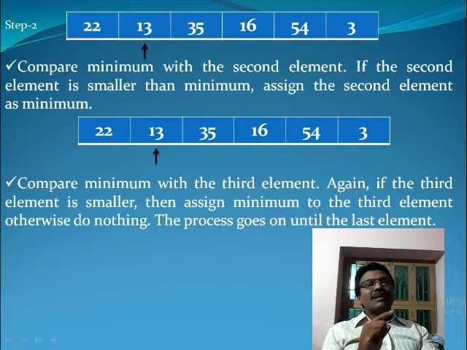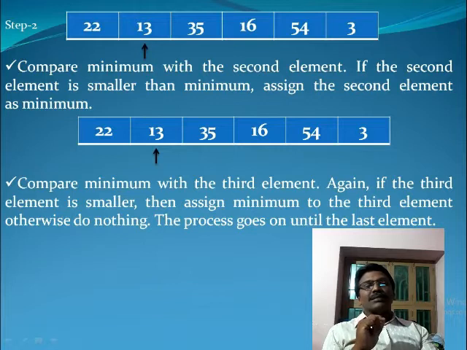The next element is 13. Comparing the present minimum 22 and the second element 13, what is the minimum element? That is 13. So the second element is the minimum, and we choose the minimum value 13.